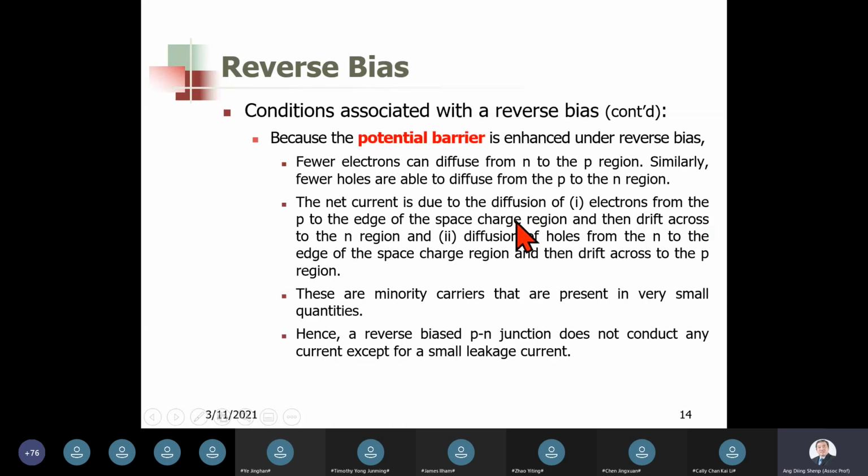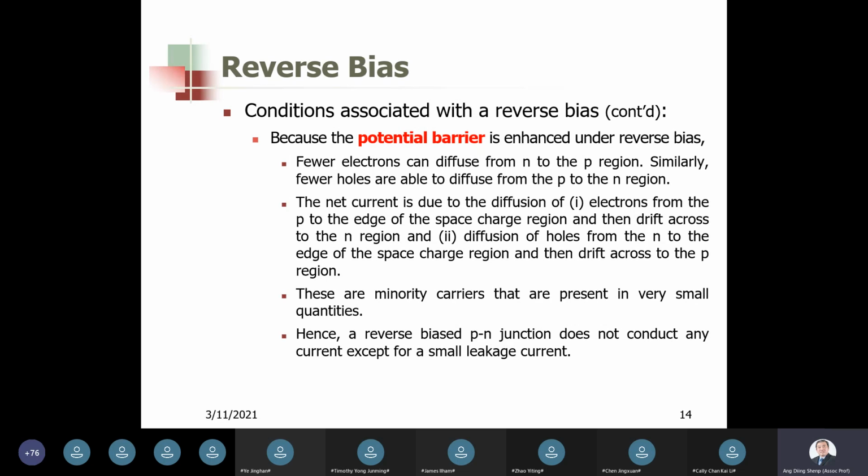Now, to describe the movement of charges across the PN junction under reverse bias condition, we give it a name. We say that minority carriers are extracted across the junction under reverse bias condition, or under reverse bias condition, there is minority carrier extraction across the junction.